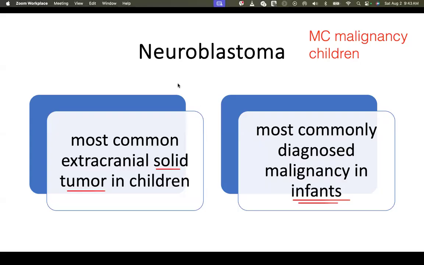The most common is going to be leukemia. And the most common leukemia is going to be ALL, or acute lymphoblastic leukemia. ALL is the most common cancer or malignancy in children. I hope everyone got that.